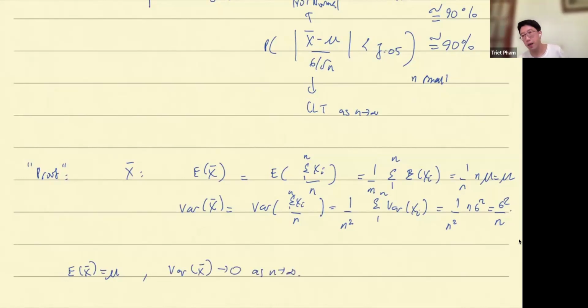And if you just contemplate on that, a random variable with constant expectation but variance going to 0 must be approximately that constant. So that's the law of large numbers for you, but it's not quite right.